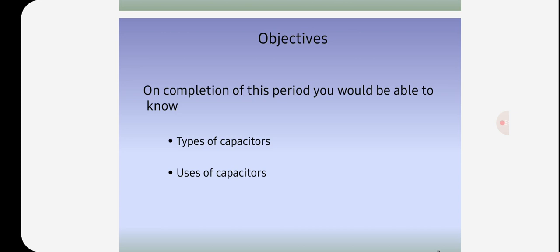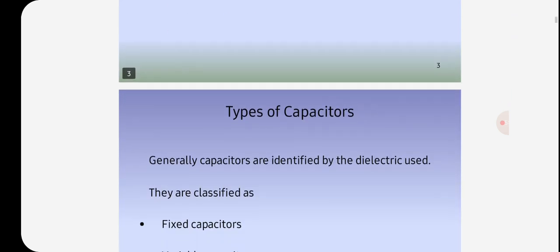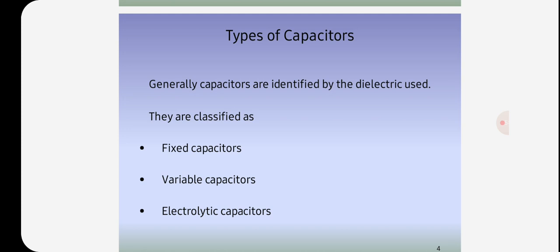The capacitors are broadly classified into fixed capacitors and variable capacitors. Generally, capacitors are identified by the dielectric used. They are classified as fixed capacitors, variable capacitors, and electrolytic capacitors.